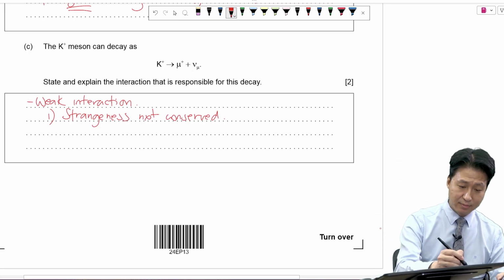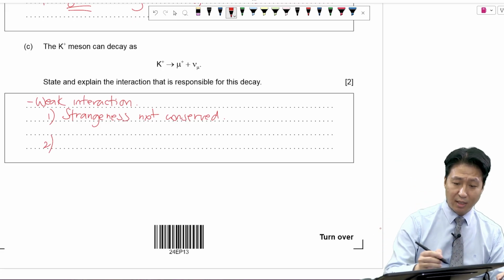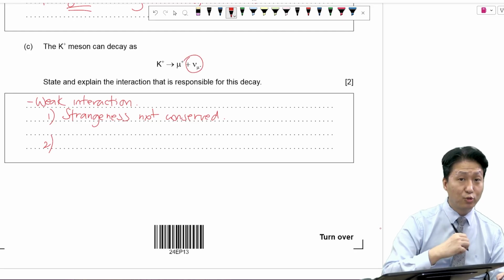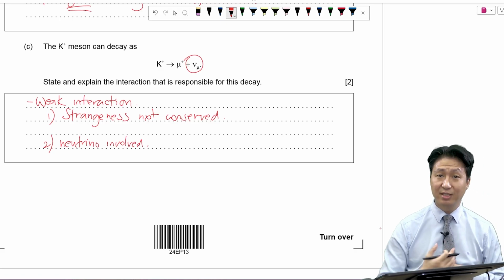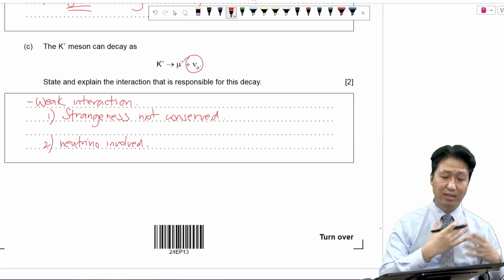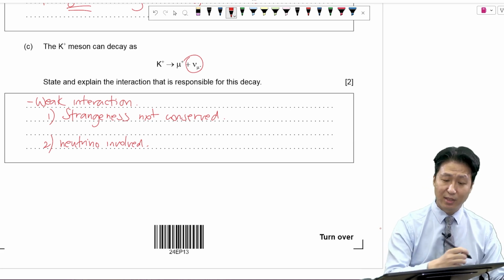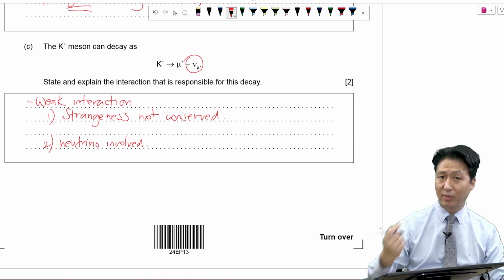Part 2. There is a neutrino involved. And whenever there's a neutrino involved, it means it can only have been caused by a weak interaction. Neutrinos are neutral, so it cannot be electromagnetic.